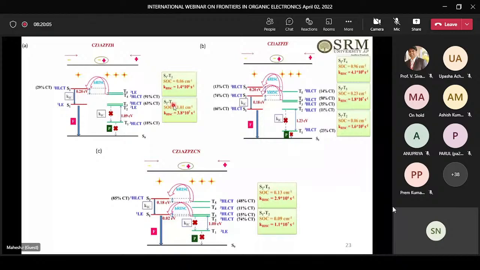We have identified these channels based upon two factors: a strong spin orbit coupling and a larger separation between singlet and triplet energies. It depends upon the molecule. In some molecules, we have identified three or four potential channels, and in some molecules two or three, depending upon the strength of spin orbit coupling as well as the energy gap.